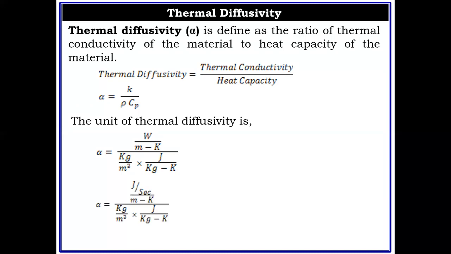Watt, if I put watt as joule per second, so in numerator and denominator joule again gets cancelled. Kelvin in numerator and denominator both get cancelled, and meter cube and meter, so it gets cancelled and remains meter square. So the final unit of thermal diffusivity is meter square per second.